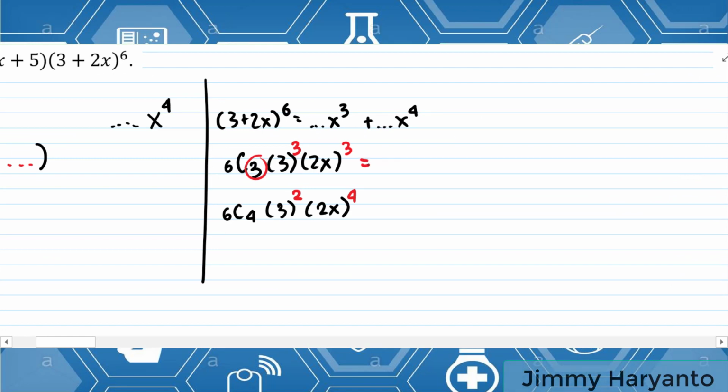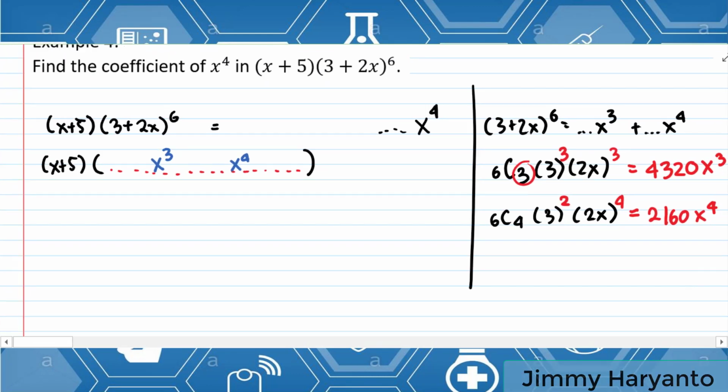Let's calculate this one first. 6C3 times 3 to the power of 3 and then times 2 to the power of 3, it will become 4320x cubed. And then for this one, 6C4 times 3 to the power of 2 times 2 to the power of 4 equals 2160x^4. Okay, so we already got the x cubed and the x^4.